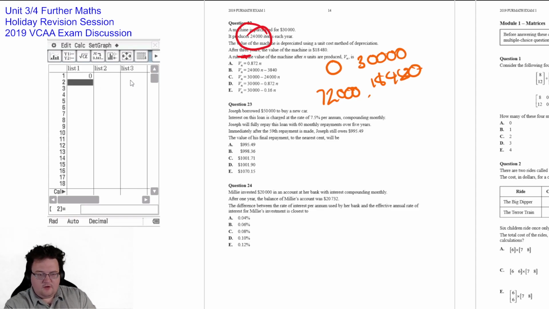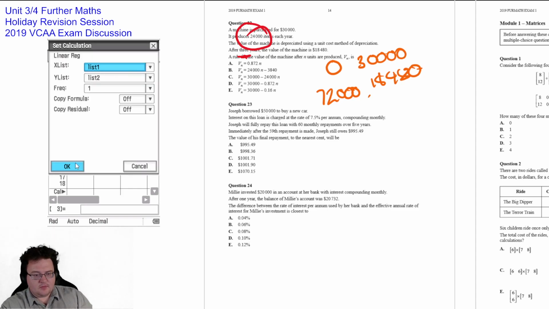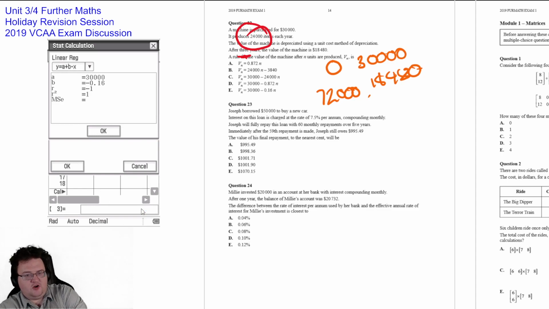So if I've made 0 units, it's worth $30,000. If I've made 72,000 units, it is worth 18,480. Calc, regress, linear regression. And then you've got A plus BX there. The only one that makes sense is E. Thank you. 53% of people got that one right.